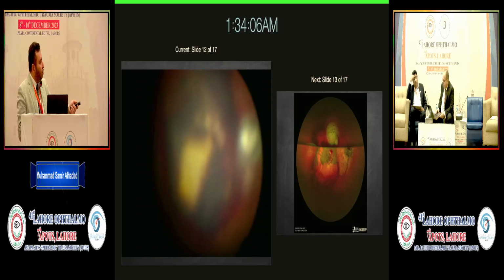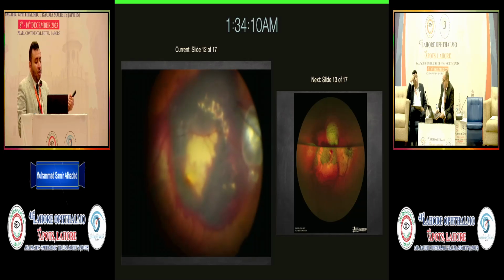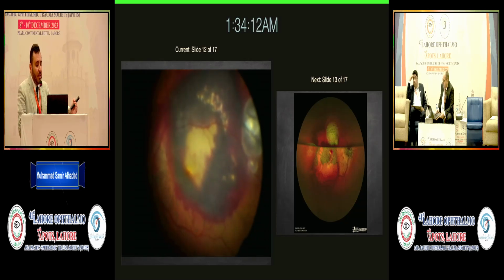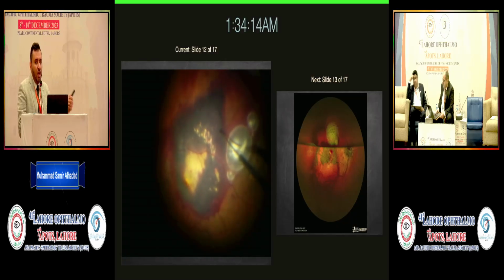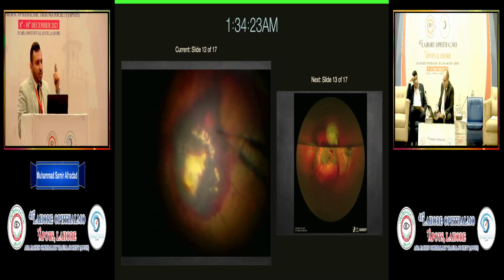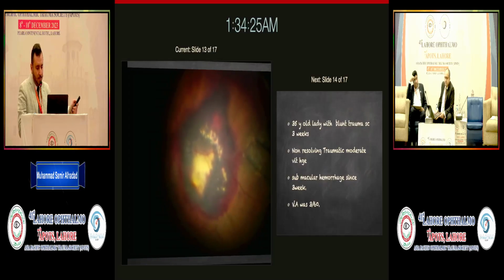Sometimes it's better to inject the air at the inferior part to give space for the blood and the clotted blood after it's dissolved to descend away from the macula, as we see here in the video. You should be cautious because you may induce an iatrogenic macular hole.